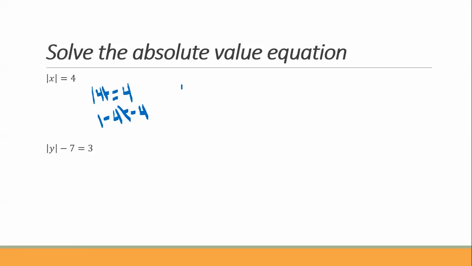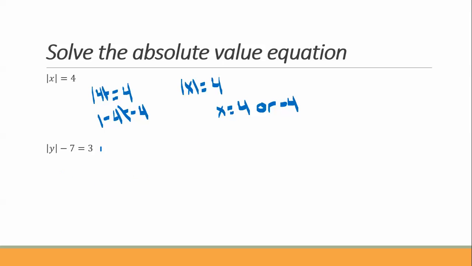So when solving the absolute value of x equal to 4, we say that x can be 4 or negative 4, because if we put 4 in for x, we get 4. If we put negative 4 in, we also get positive 4.